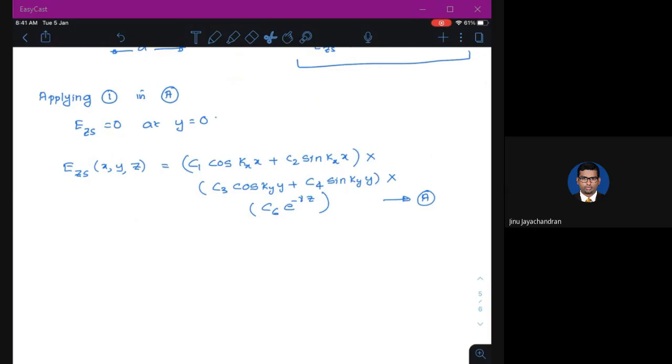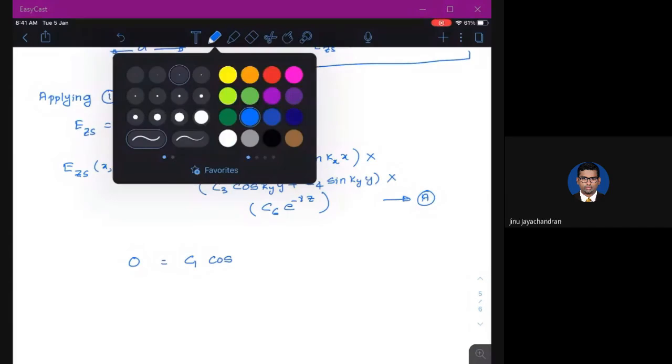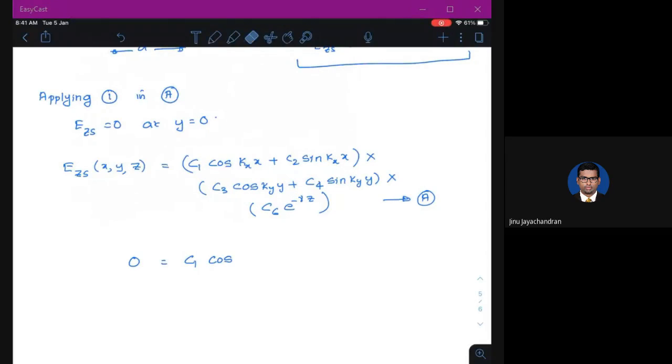Okay, so if you substitute y equal to 0, so there is y here, let me substitute this here and here. So when you substitute y equal to 0 and say the value of Ez is equal to 0, which means this value is equal to 0 at y equal to 0. So I can write 0 is equal to C1 cos, or let me do it in a bit easier way.